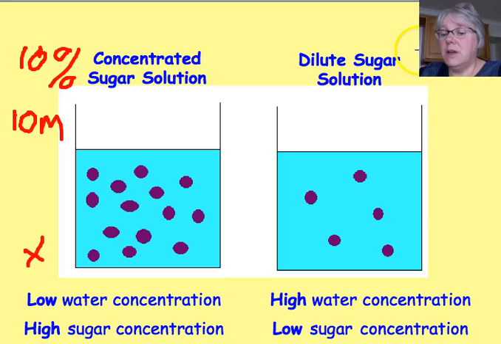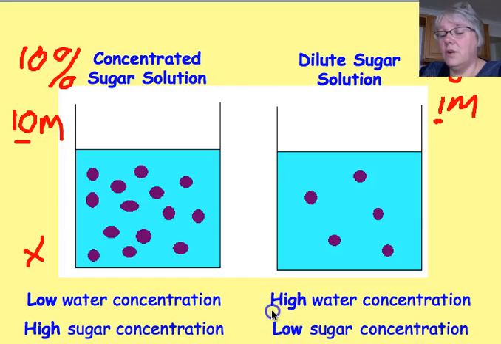If on the other hand we had something like a 1% sucrose or sugar solution, or a 1 molar sugar solution, the lower the number, the less sugar there is in it, and therefore the more water that is there.